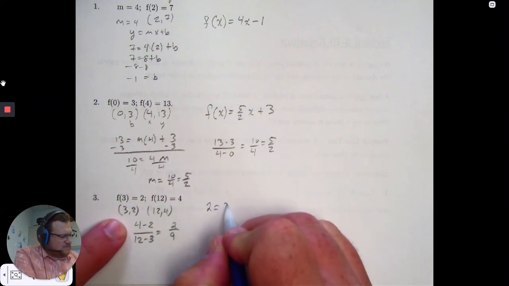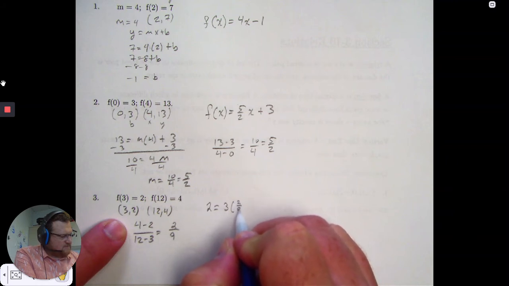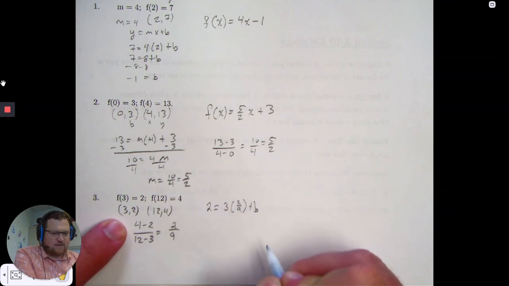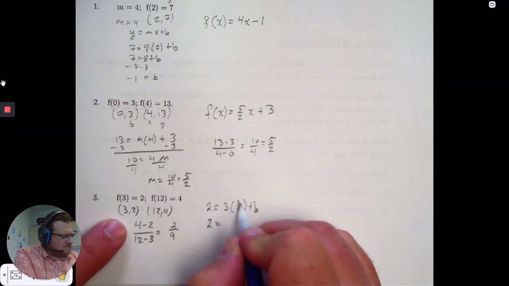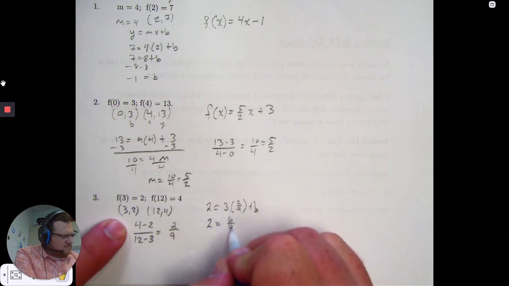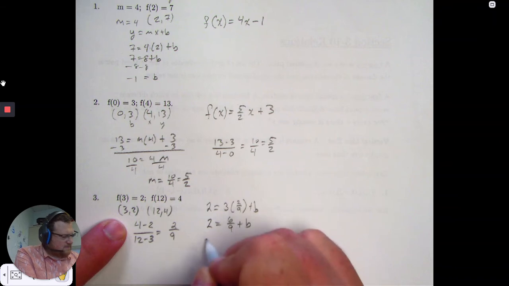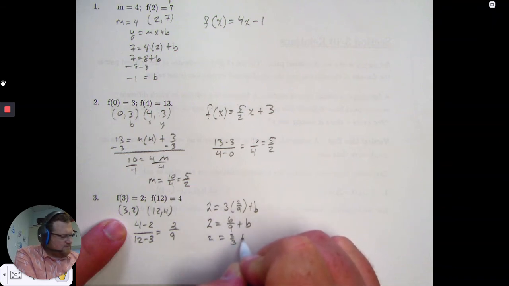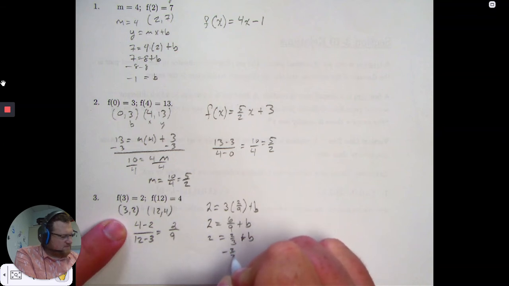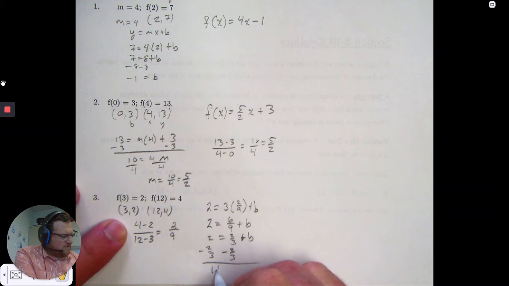So 2 equals 3 times 2/9 plus b. So 2 equals 3 times 2 is 6, so 6/9 plus b. 2 equals 2/3 plus b. Then if I subtract 2/3 from both sides, that gives me 1 1/3 equals b.